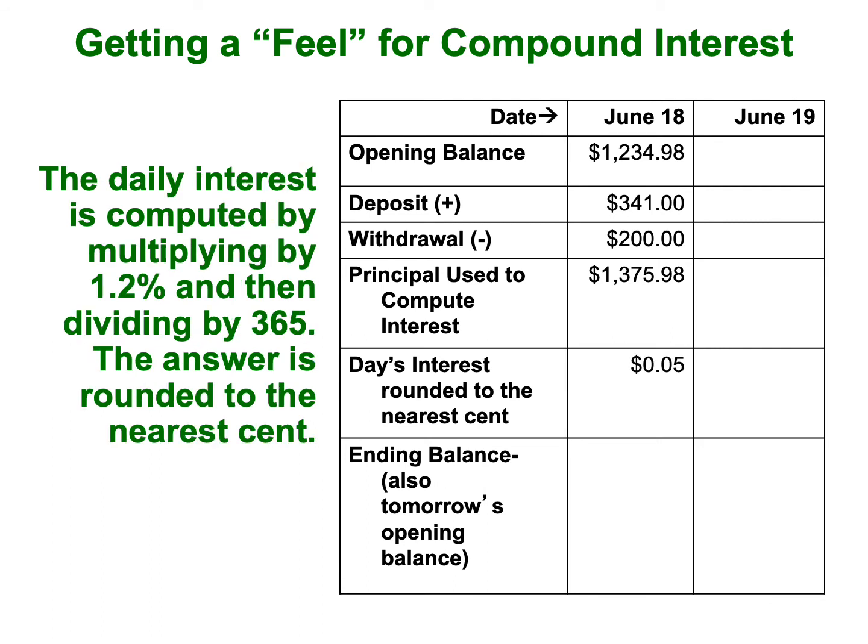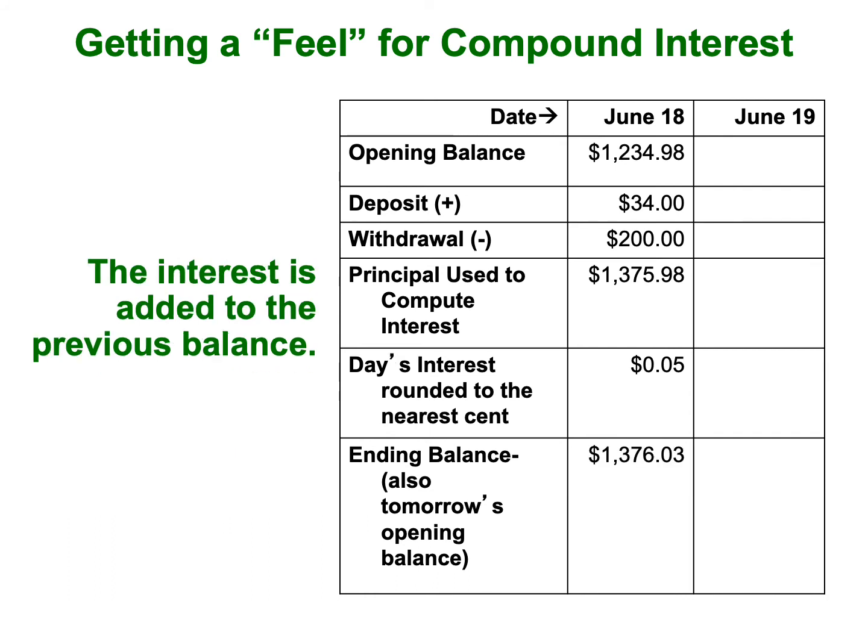The day's interest is computed by multiplying by the percent and then dividing by 365. This answer for these purposes is rounded off to the nearest cent. That 5 cents daily interest is now added to make an ending balance of $1,376.03.